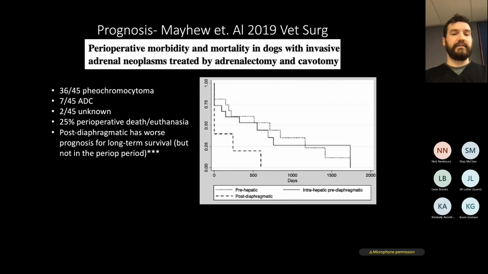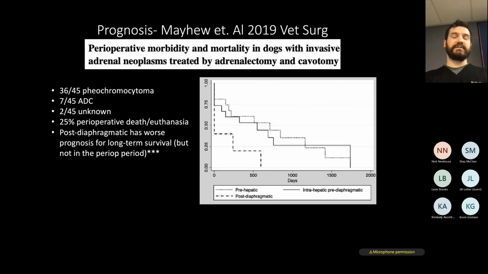Mayhew et al., this was a huge study that looked at perioperative morbidity and mortality in dogs with invasive adrenal neoplasm. So we know that there's a tumor or a tumor thrombus, but how invasive is it?